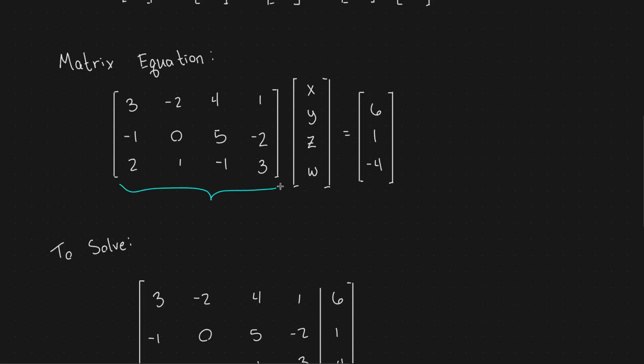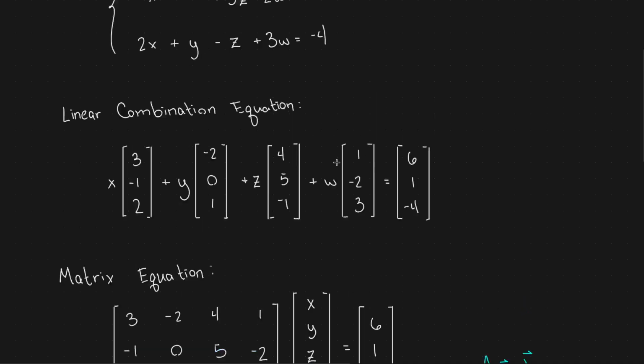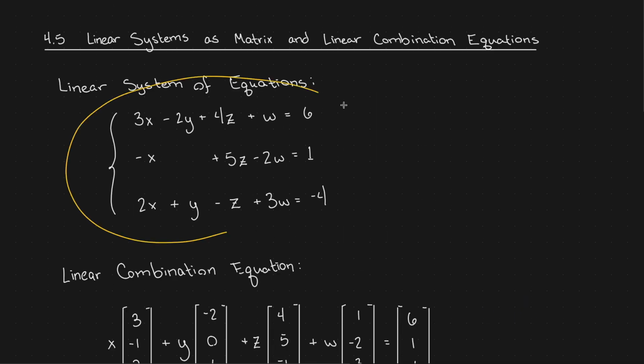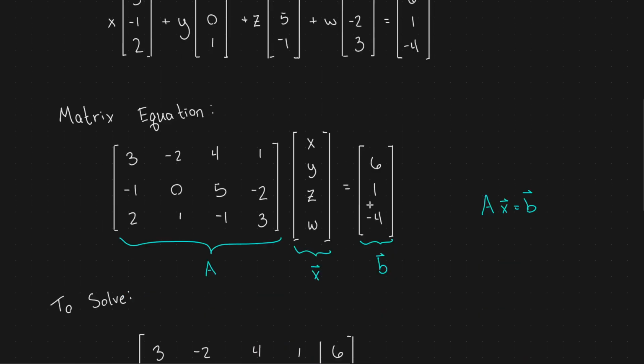So if we call our coefficient matrix matrix A, and our vector of variables vector x, and the vector on the other side of the equal sign vector B, then this equation becomes matrix A times vector x equals vector B. And so we've gone from expressing a linear system of equations this way to expressing the same system of linear equations this way. This is much more compact, much easier to write, and much easier to think about.